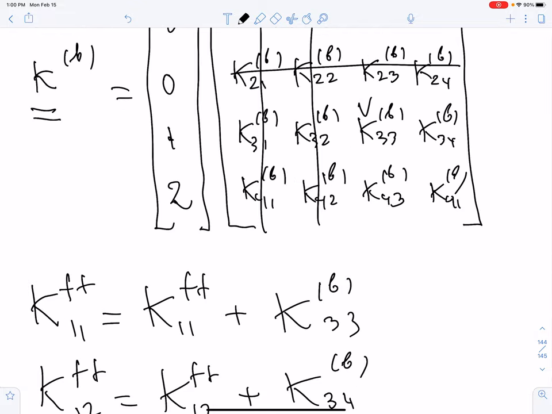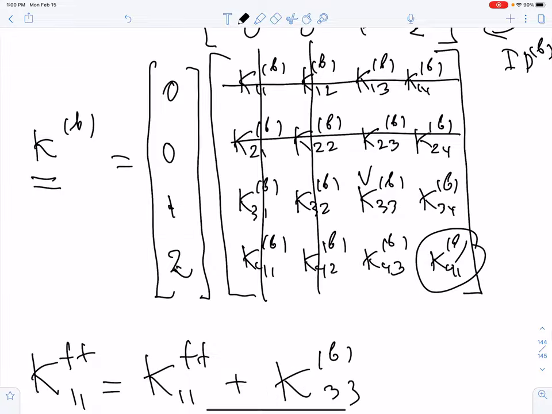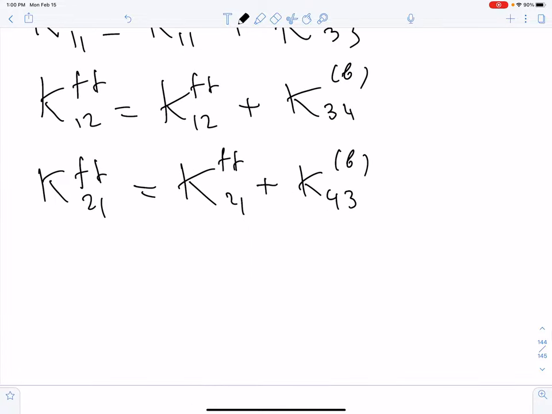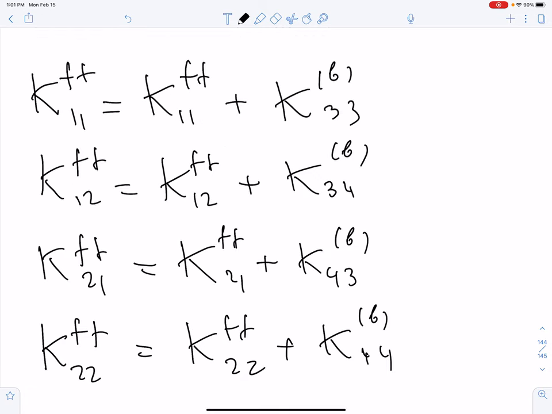And finally, K44 goes into the 2, 2 entry of the structure stiffness matrix. KFF 2, 2 equals KFF 2, 2 plus K44B. Just like that. Again, only 4 sums are involved. Basically, four additions, as opposed to all these multiplications.